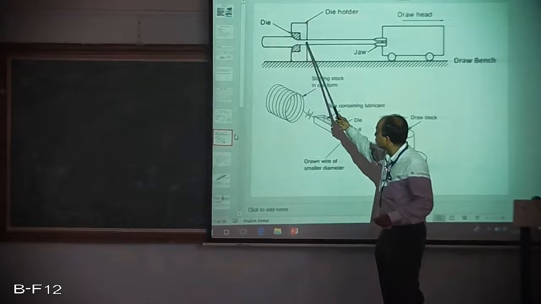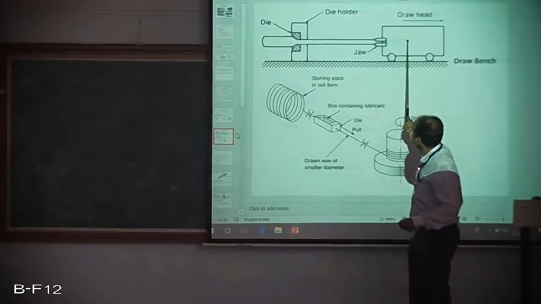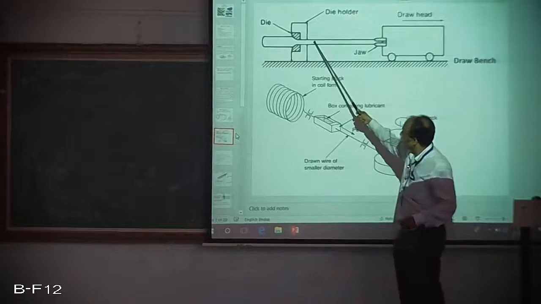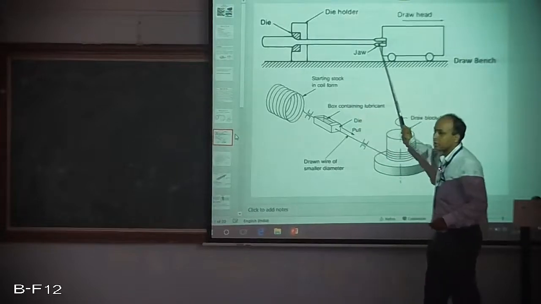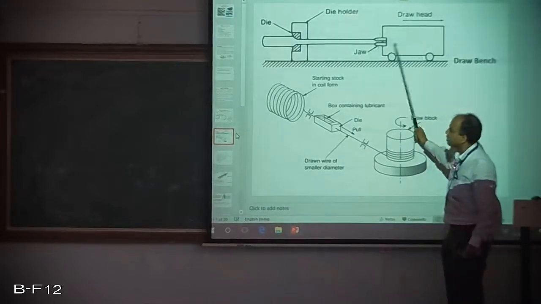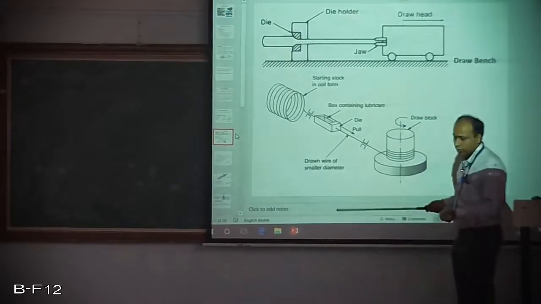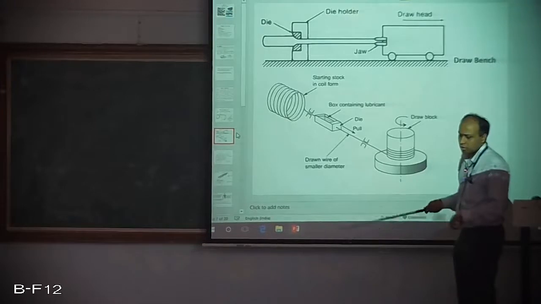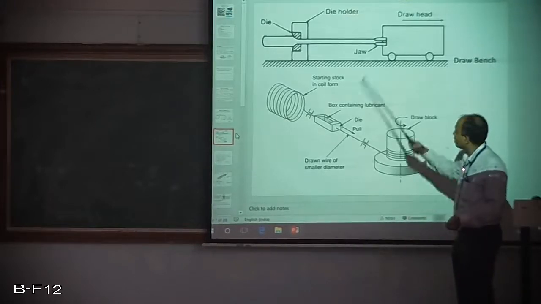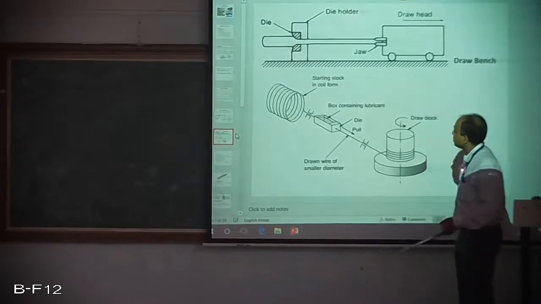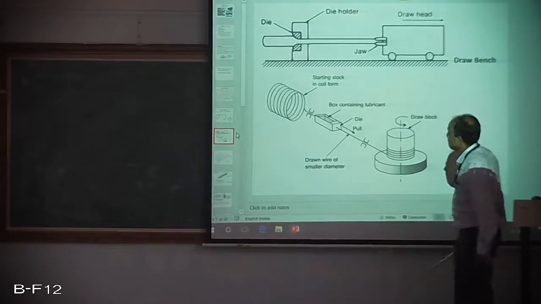It is pushed inside, then this draw head mechanically clamps that particular point and starts pulling. The drawing operation takes place. This is to be hydraulically operated because large forces are involved, or else you can use a chain mechanism to operate this draw head.